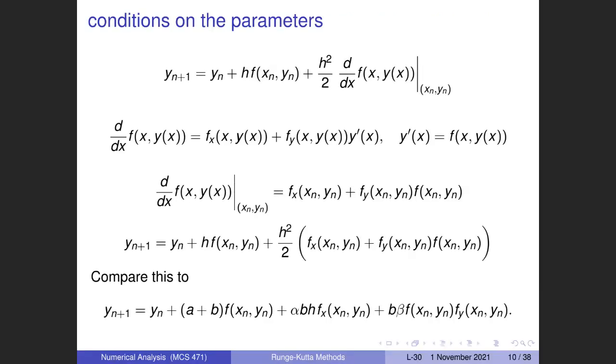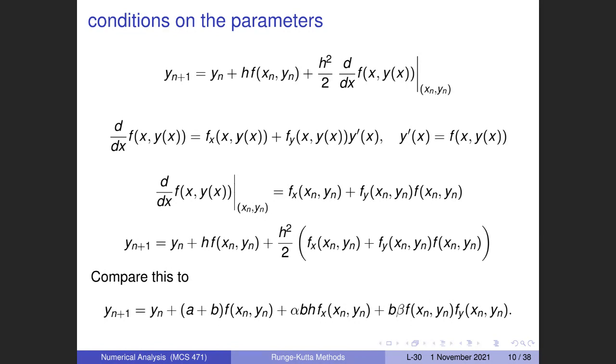Let's do this now. We take the derivative with respect to x of a function in 2 arguments. Normally, if y would not depend on x, it would be simple. But the second argument also depends on x, so you have to take the partial derivative with respect to the second argument, and then multiply this with the derivative of the second argument with respect to x. So this is the chain rule in several variables.